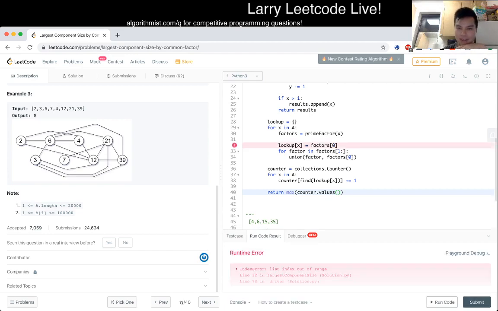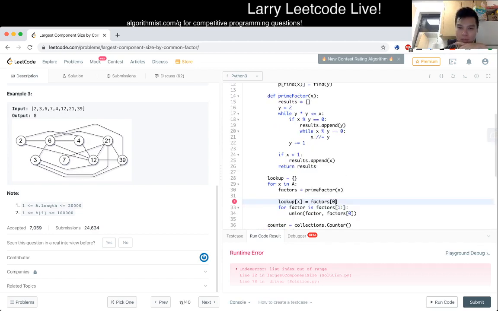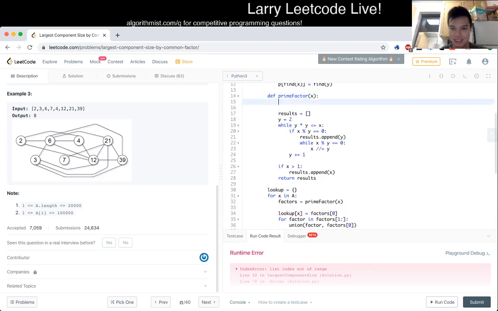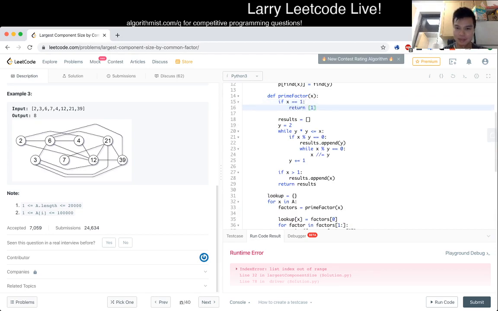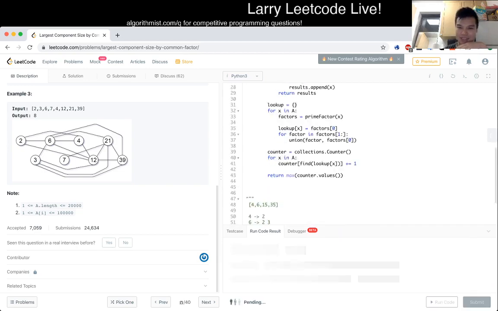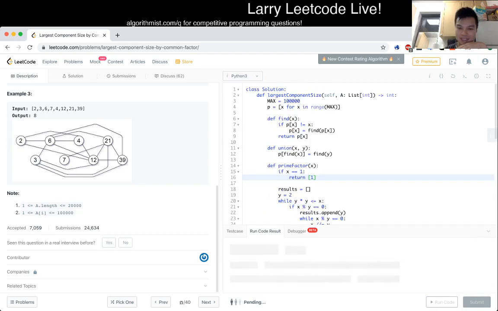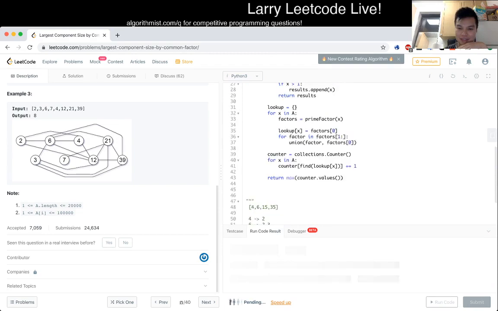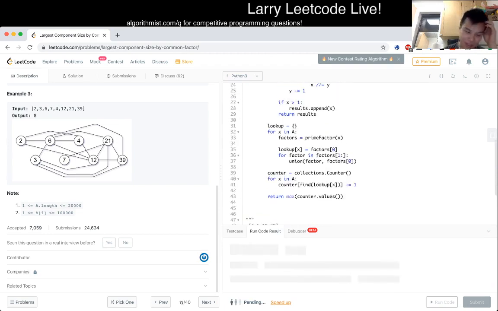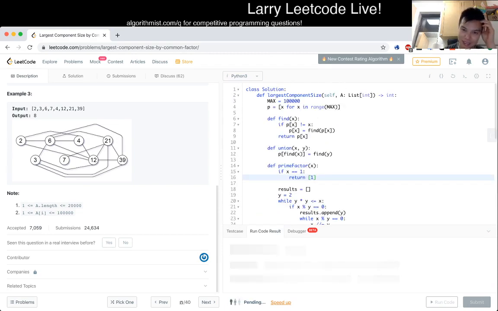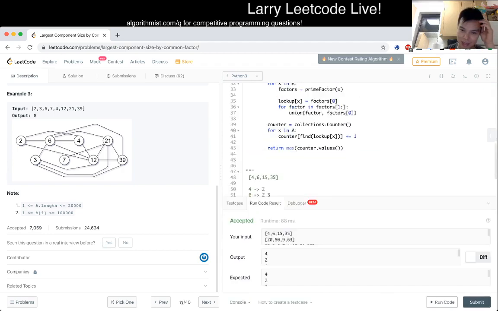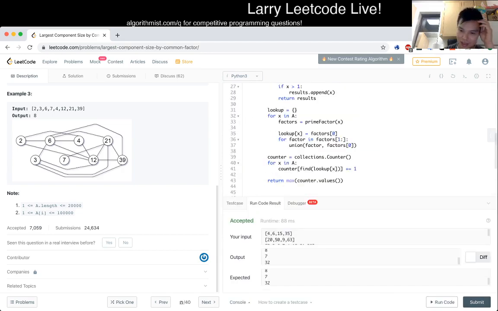Okay, well, oh, because 1 doesn't have a prime factor. Okay, fine. And that's why I test them though, so that's good. Would that cause any issues? Let's see. The only other thing is that I don't do any smart union, but I have path compression, so it should be okay. Okay, let's just submit it.